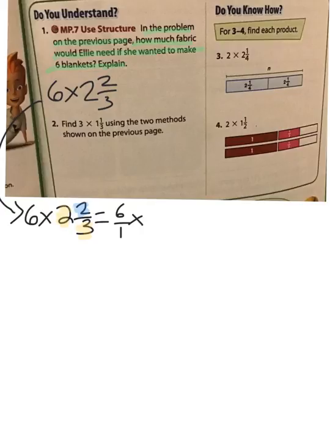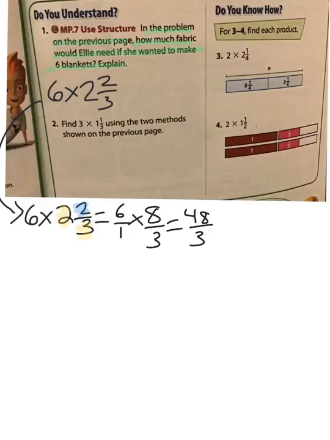And we want to use the same denominator. So we're going to have 8/3. So now I'm going to multiply, and I'm going to get 48/3.